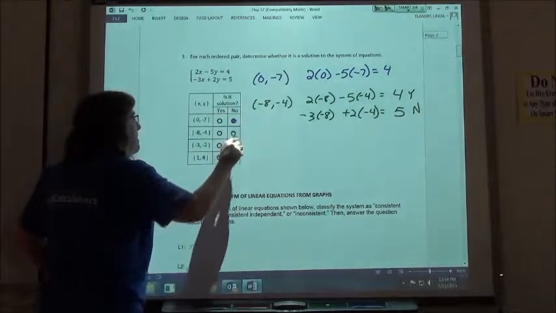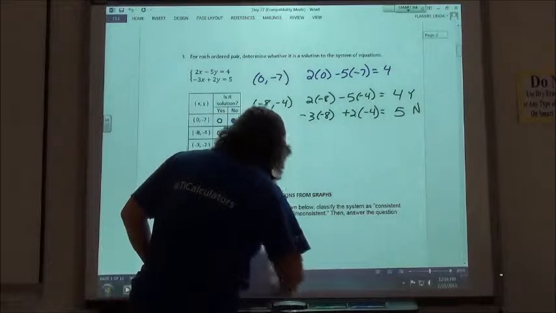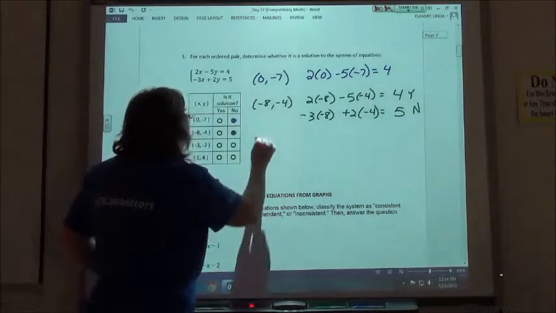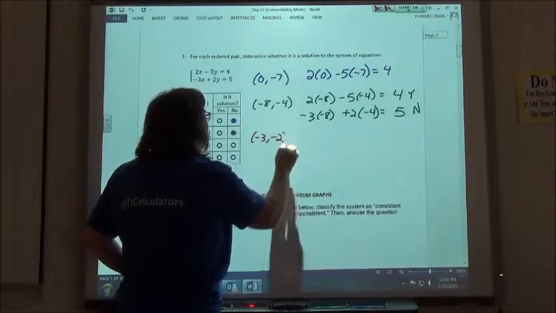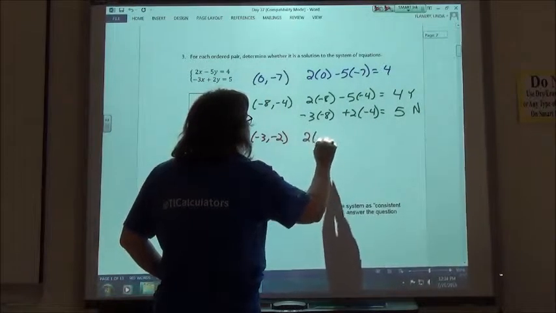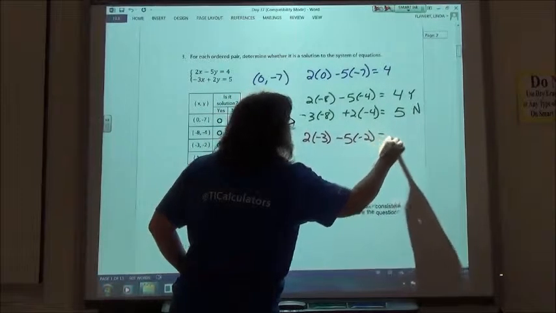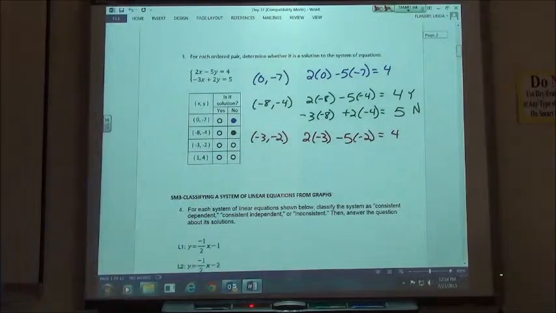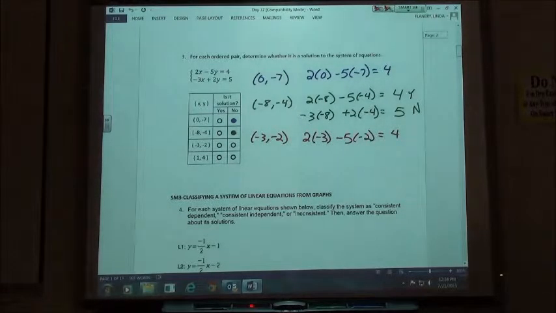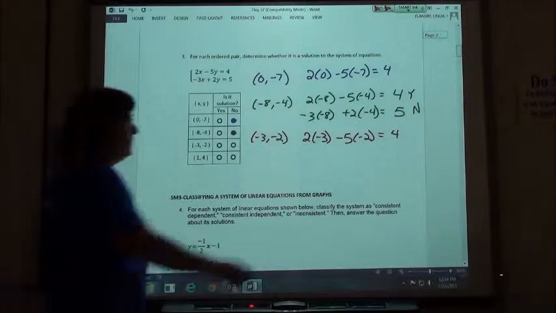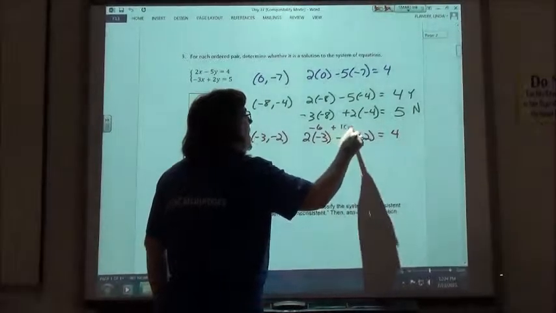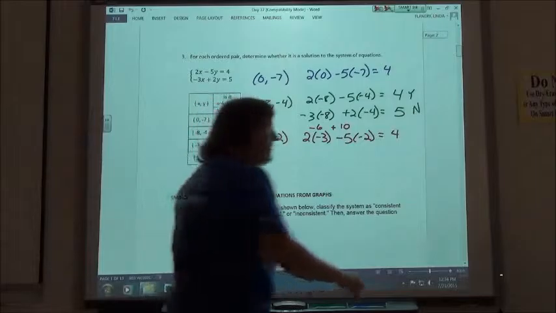So that's a no. Negative 3, negative 2. So 2 times the negative 3 minus 5 times the negative 2. Do we get an answer of 4? Negative 6 plus 10. Yes, right?